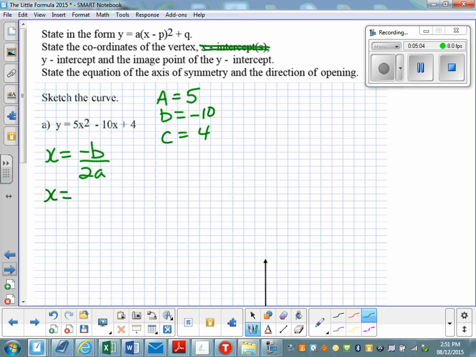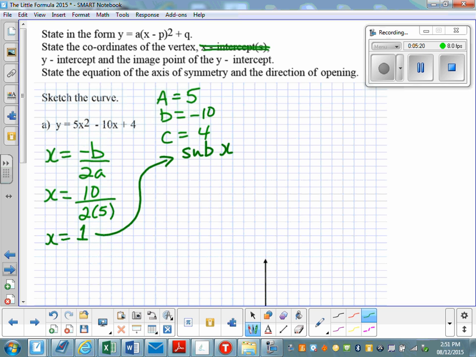So if I have negative 10 and it's minus negative 10, that's going to change to plus 10. And then 2 times 5 goes on the bottom. So I'm getting deja vu all over again here. x is equal to 1.